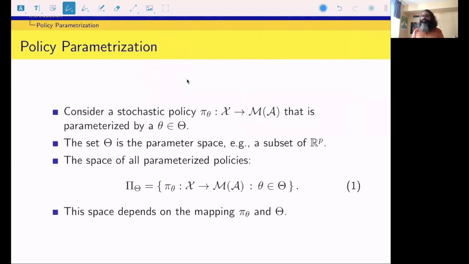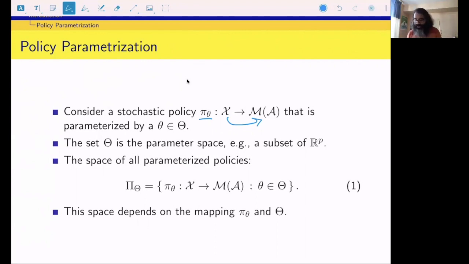Okay, so let's talk about policy parameterization. So we consider a stochastic policy pi theta, which is a mapping from the state space to the space of probabilities over the action space. Recall that this M of A means that it's the space of probability distributions defined over the action space.